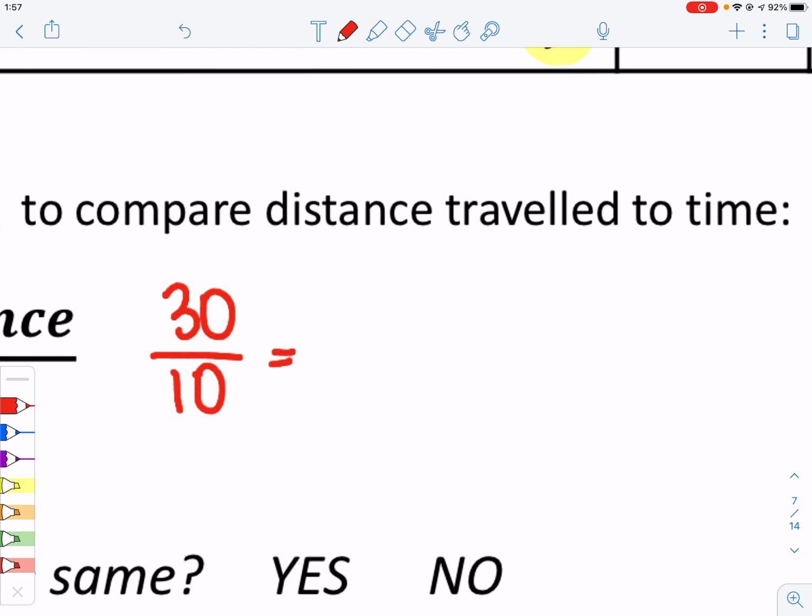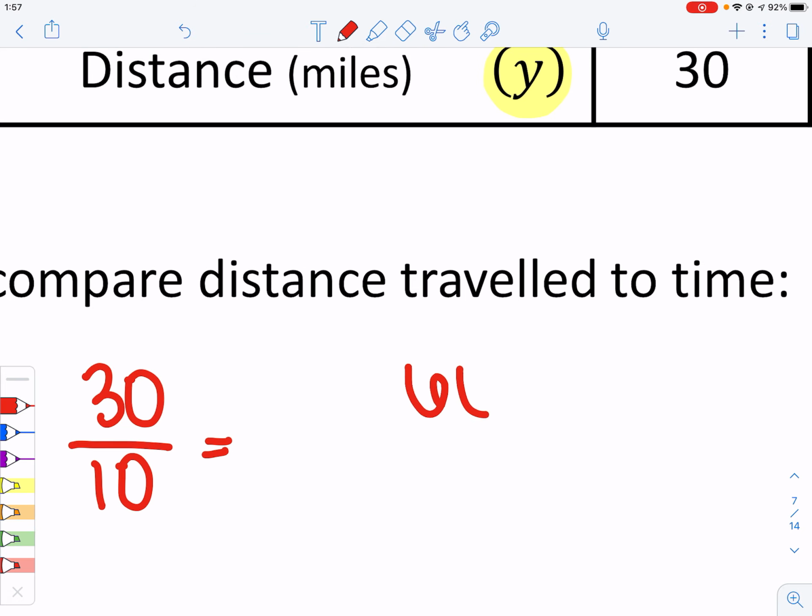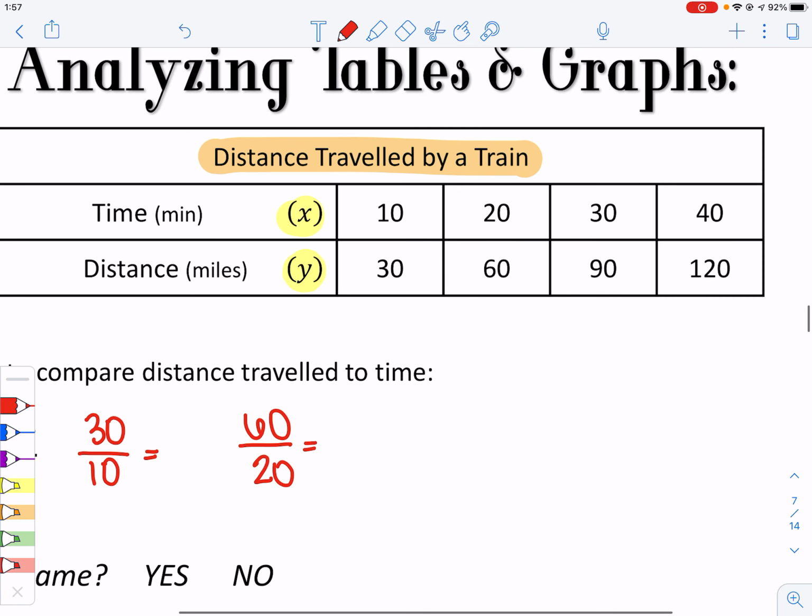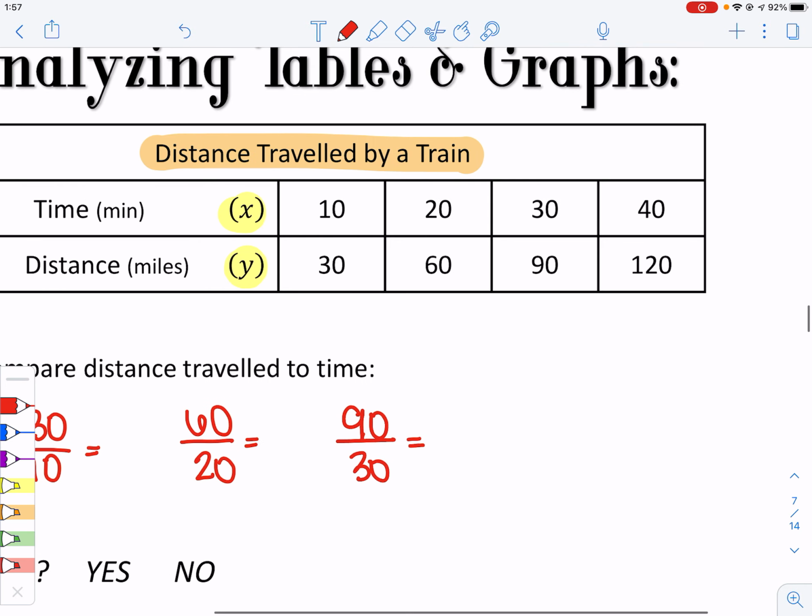We have 60 and 20. We have 90 and 30. And then we have 120 and 40.